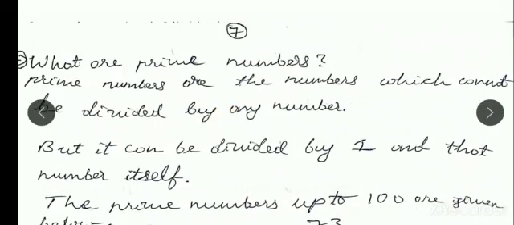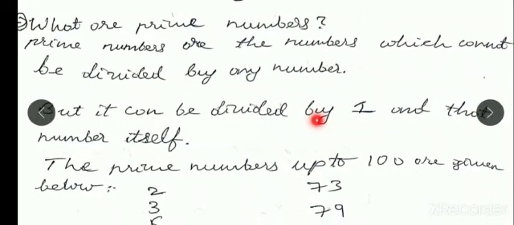What are prime numbers? Prime numbers are the numbers which cannot be divided by any number, but can be divided by 1 and that number itself.